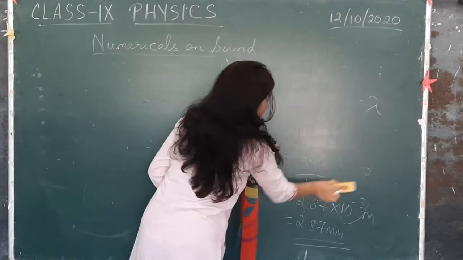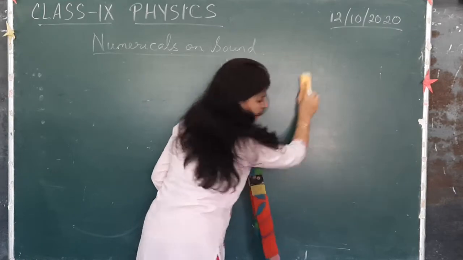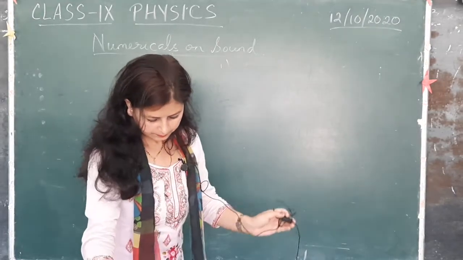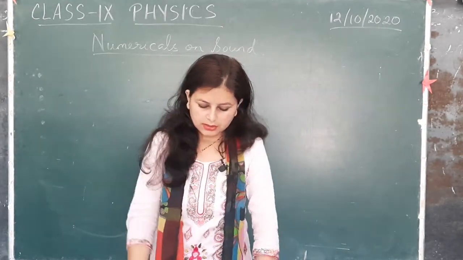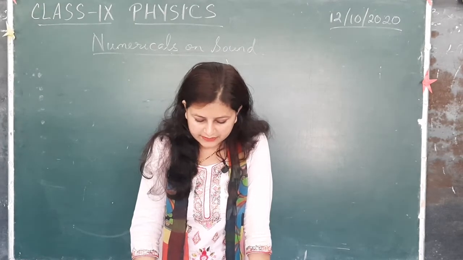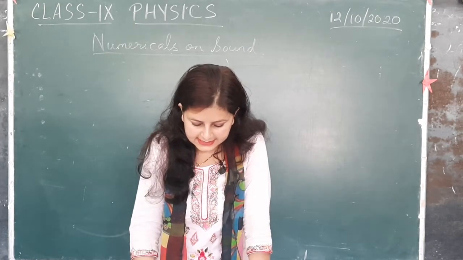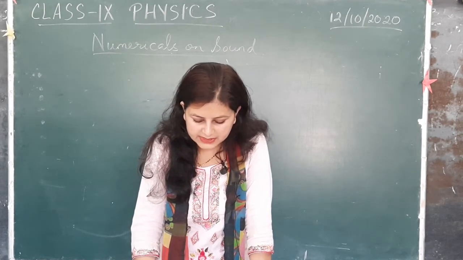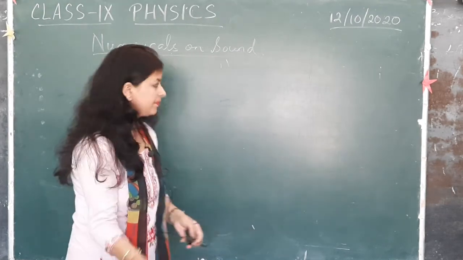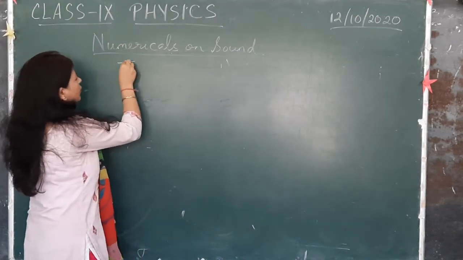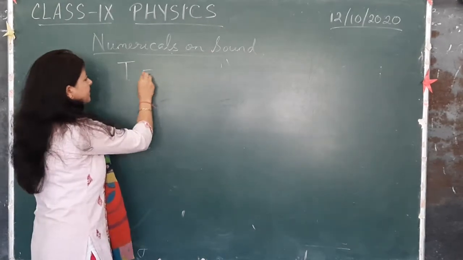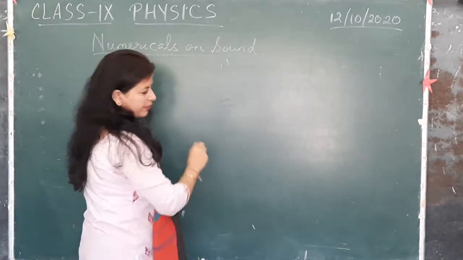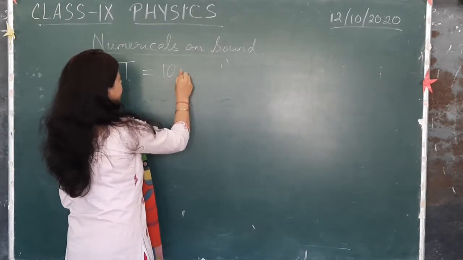Coming to the next question. Number 2: ocean waves of time period 10 second have wave velocity 15 meter per second. Time period is always denoted by capital T. The time period for the waves is given to be 10 second.